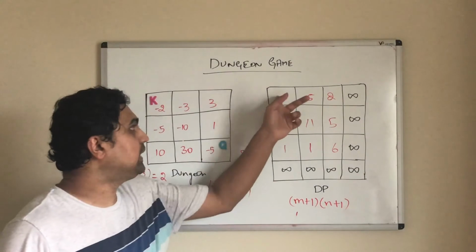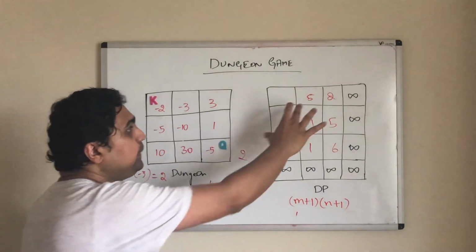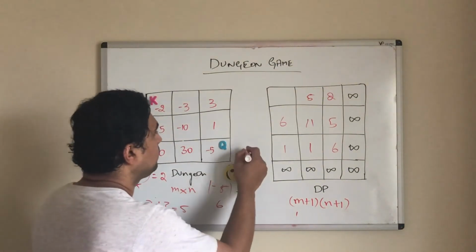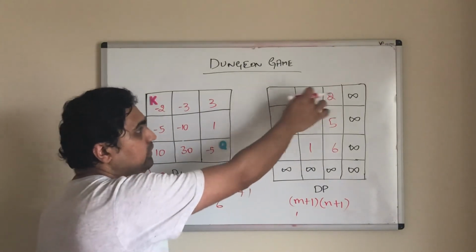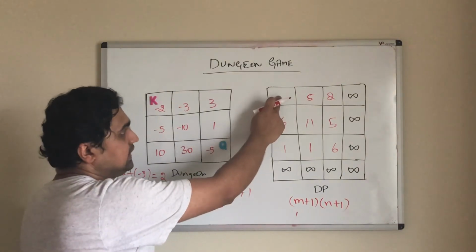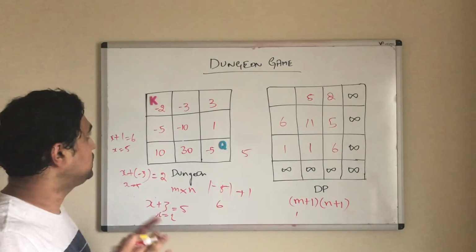Okay, let's compute the value here. So the minimum between these two is 5. Now the knight will choose to save the queen via this path. So in order to enter this cell, the knight requires a health of at least 1 greater than this, which is 3.